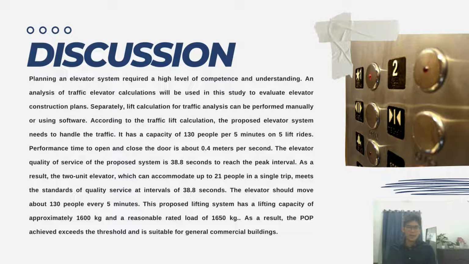This proposed lifting system has a lifting capacity of approximately 1,600 kg and a reasonable rated load of 1,650 kg. As a result, the POP achieved exceeds the threshold and is suitable for a general commercial building.